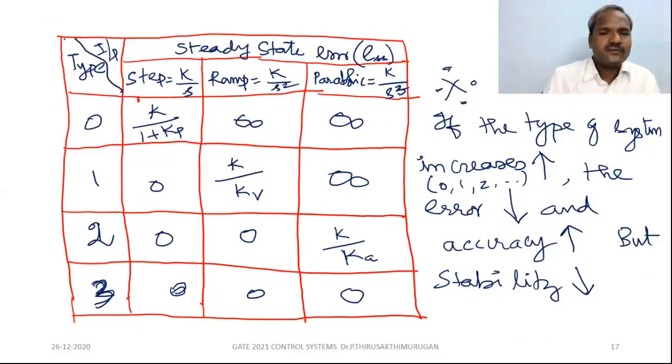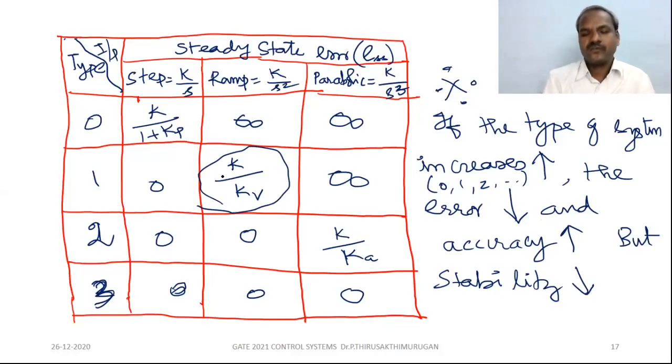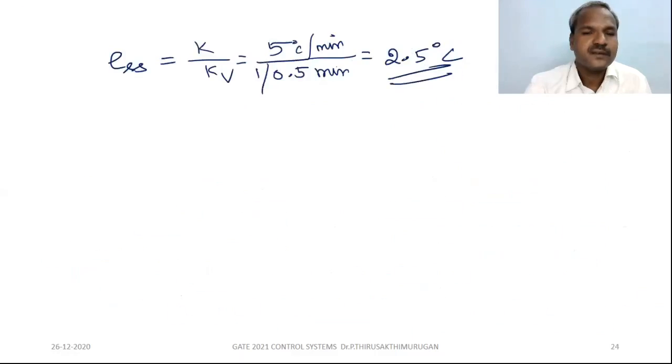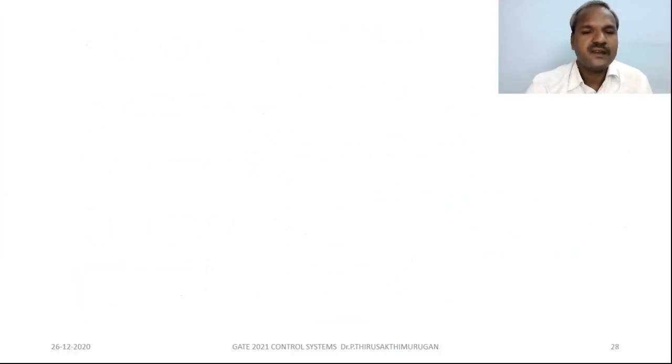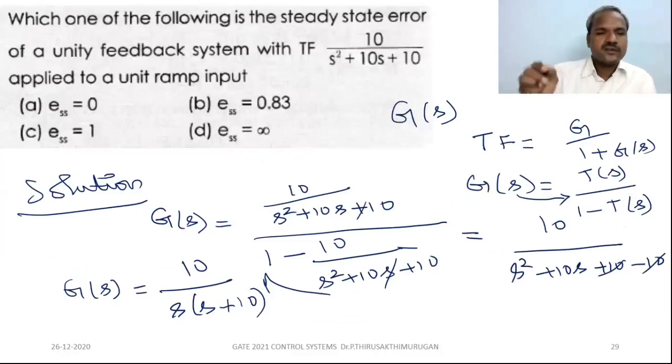See here, for a ramp input, a type 1 system will give a finite value. For other types, it is zero or infinity. So infinity is impossible for this system, and zero is also impossible for this system.